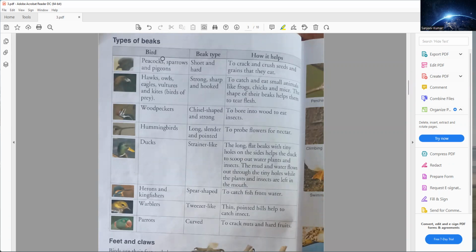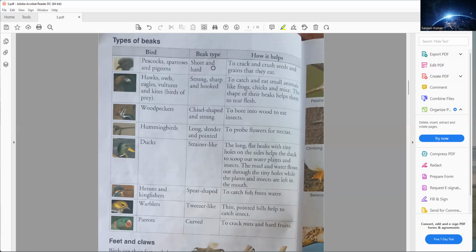Type of beaks में हमारे birds, सबसे important peacock देखा है आपने, sparrow, you have seen the pigeon. They have a short and hard beak. Whenever you are given a bird or a type of beak, just go through the knowledge of the bird in your mind. Like if you see a pigeon or a peacock, what type of food do they eat?